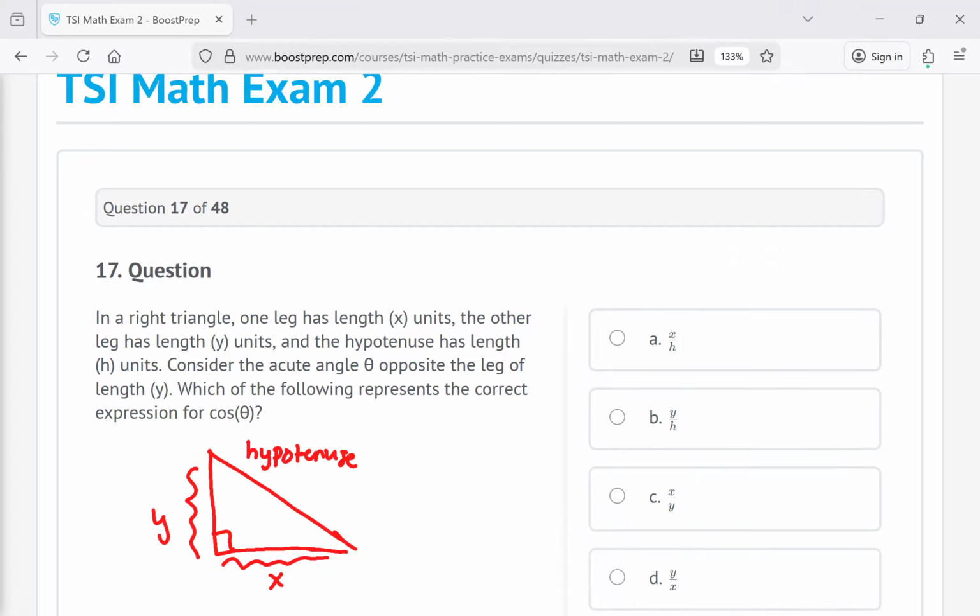So they're saying to consider the acute angle theta opposite of the leg of y. So here's y, the opposite. Is it this? No, let me see. Let me look at my note.